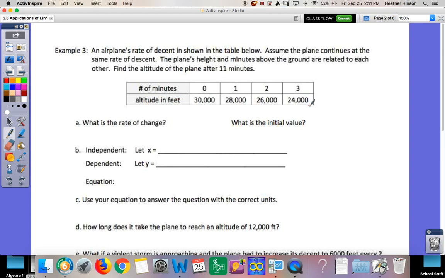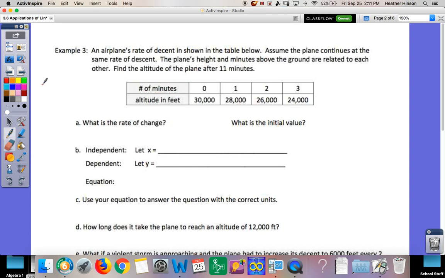So what's the rate of change? Well, for that, sometimes we can find it using those rate words, per, each, or every. Do you see a rate word in the sentence up here? No, there's no per, each, or every. So for that, we're going to have to go to our table.